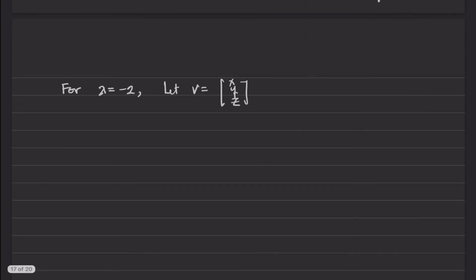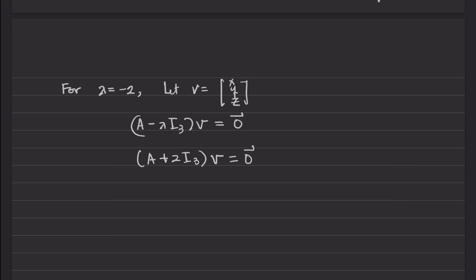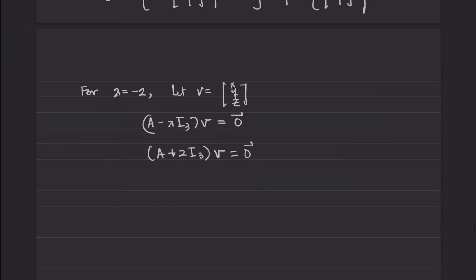Tapos, anong mangyayari? Ang gusto natin, A minus lambda I3 v is equal to the 0 vector. Okay, so ang lambda natin negative 2. So, A minus negative 2 I3 v equal to 0. So, ano yung A natin ulit? Kopyahin natin.